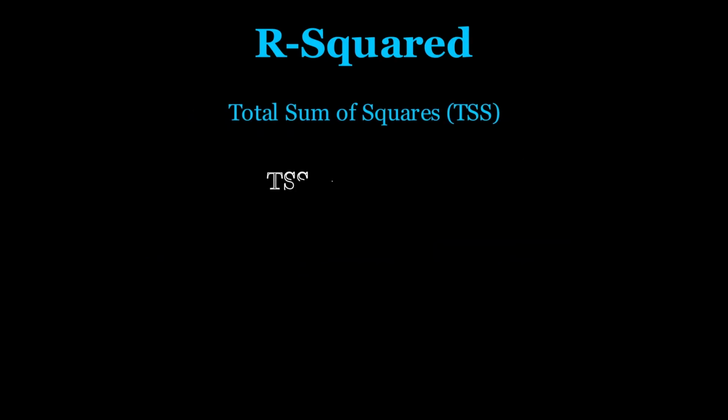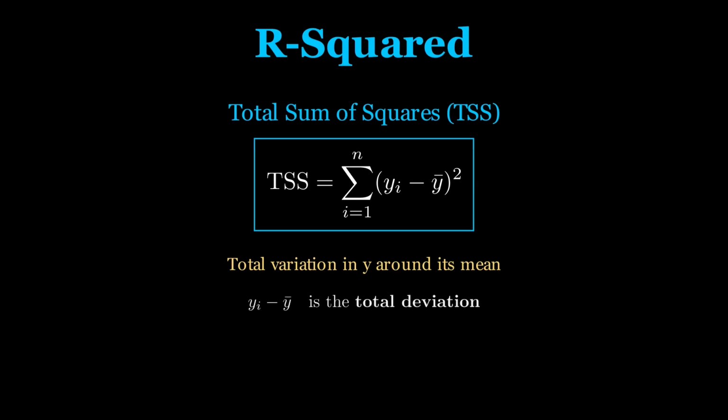Let's break down each component. TSS, the total sum of squares, represents the total variation in y around its mean. TSS equals the sum of y sub i minus y bar quantity squared. The term y sub i minus y bar is what we call the total deviation.